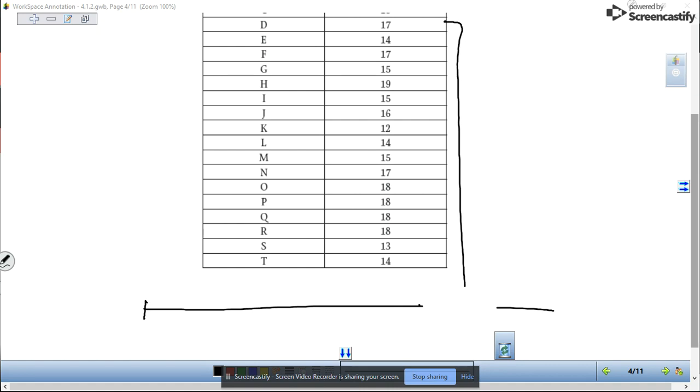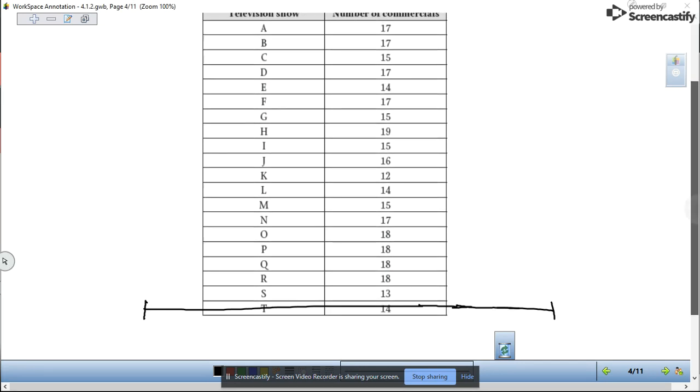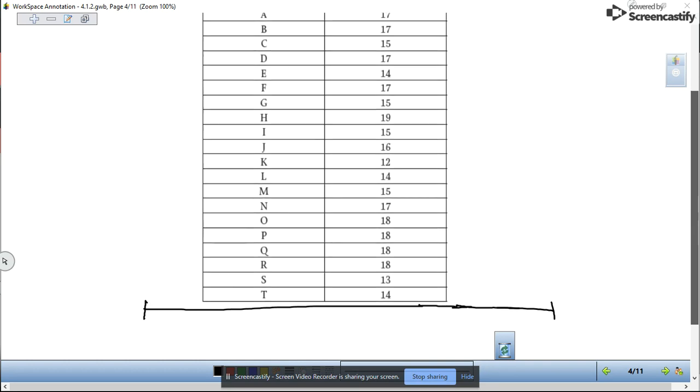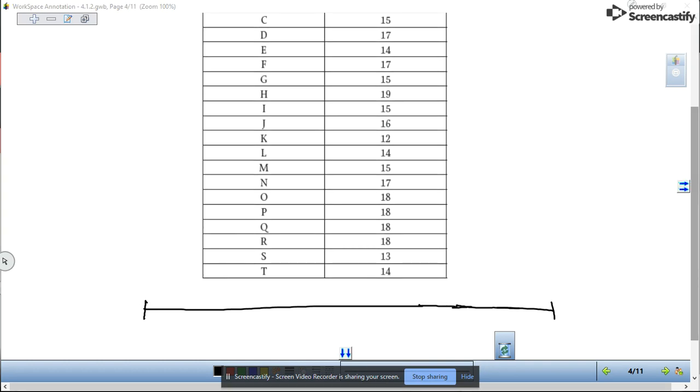So what values am I talking about? What is the biggest value we see on the Y's? When I look through that, the biggest thing I see is 19, and the smallest that I see is 12. So we'll start at 12.